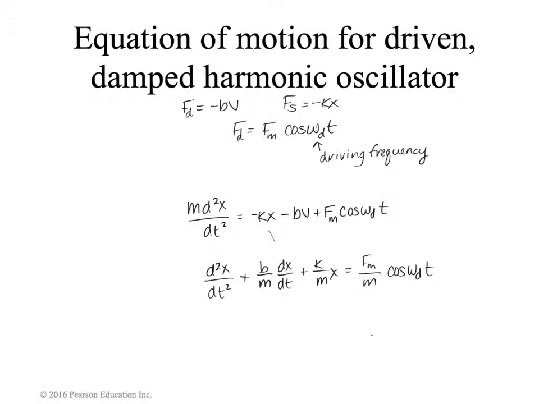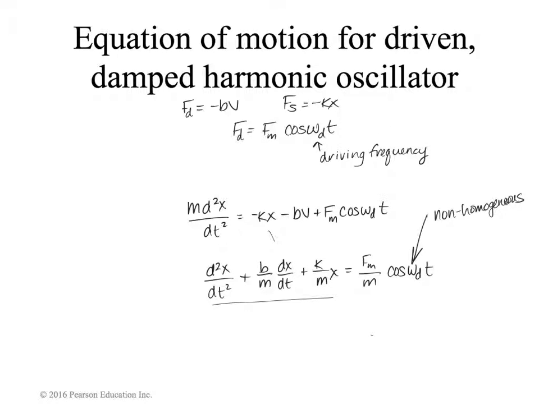And so it looks a lot like our damped harmonic oscillator, except instead of 0, now we have this term right here due to the driving force. And in terms of differential equations, this makes it a non-homogeneous differential equation because all the terms involving x are not equal to 0, but they're equal to this driving force.